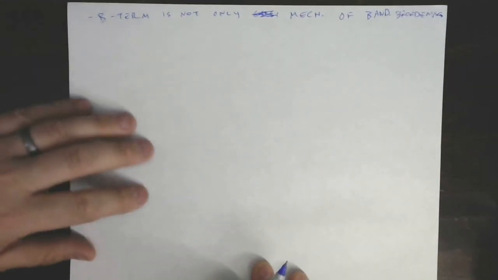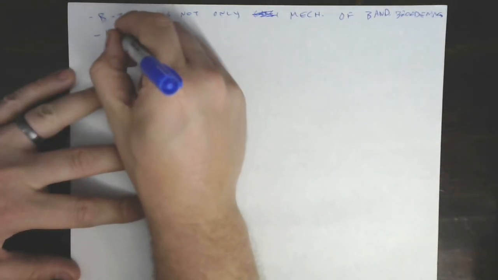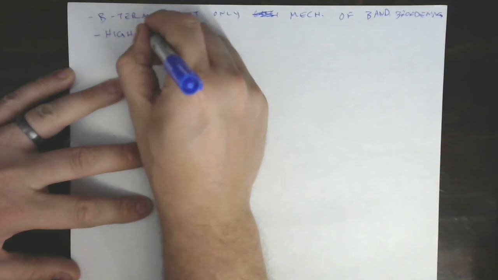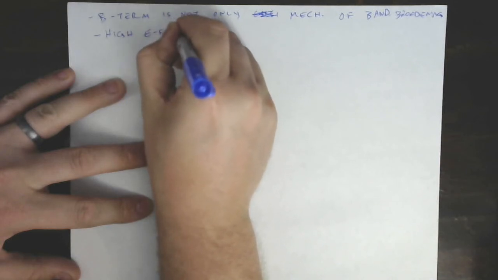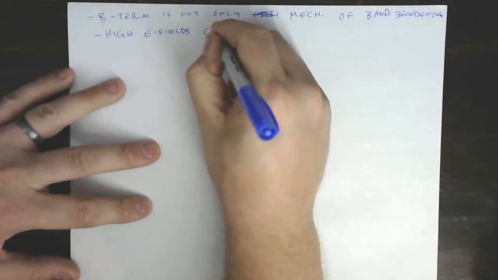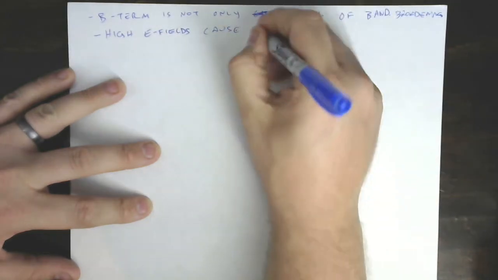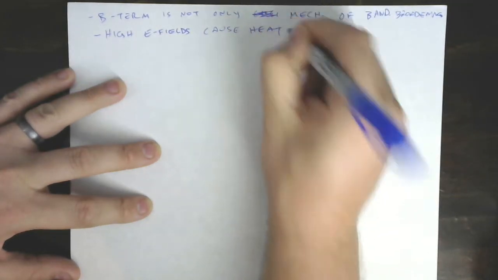It's not the only mechanism of band broadening. And that's because high E fields cause heat. And heat is bad.